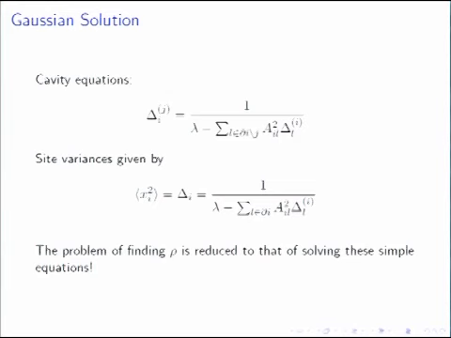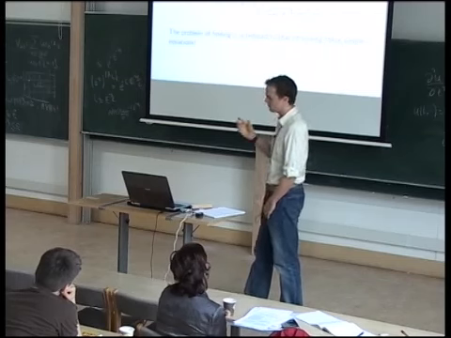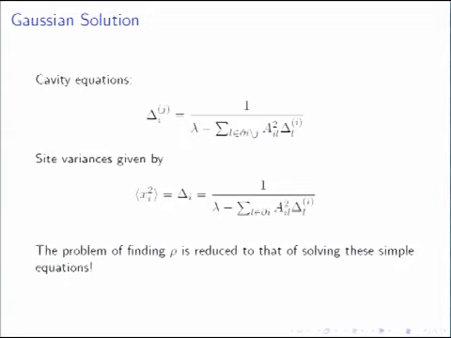What has really happened here is that the problem of finding the density of states has been reduced to solving these equations. If I have a matrix whose graph is a tree, all I have to do is find a collection of these deltas that match this self-consistency equation. If I can, then I can recover the density of states straight away.